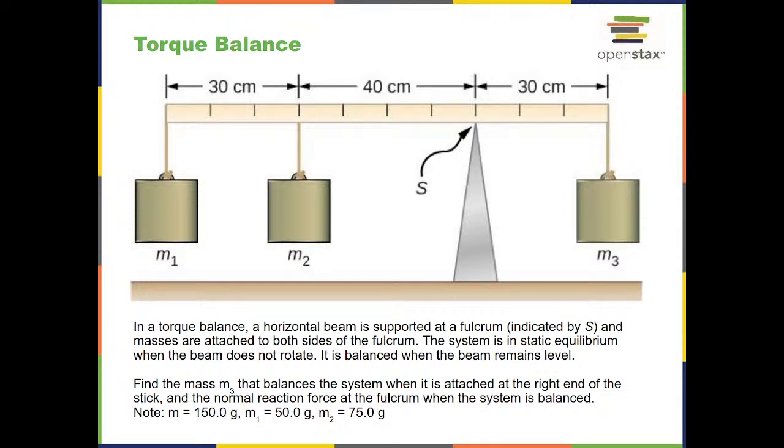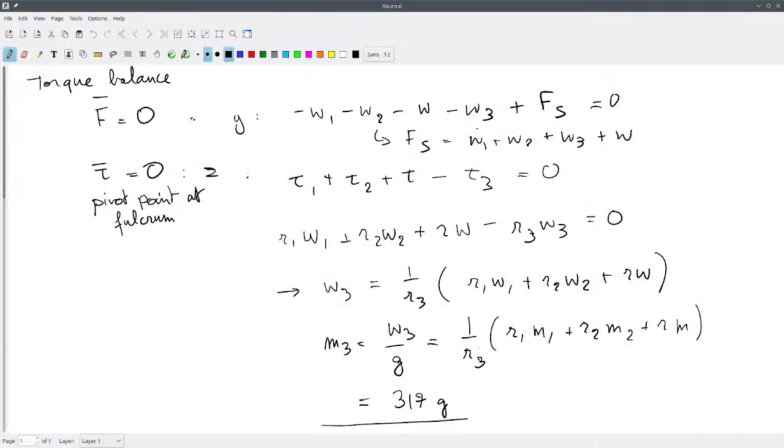So of course there's a connection here between the mass and the distance away from the fulcrum that we put the mass, as of course you know intuitively must be the case. So now that we have mass 3, we could go back and use this to plug into our expression and calculate the total force on the fulcrum.